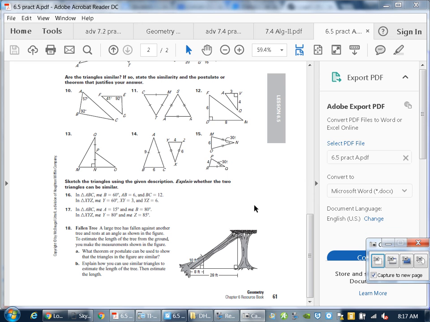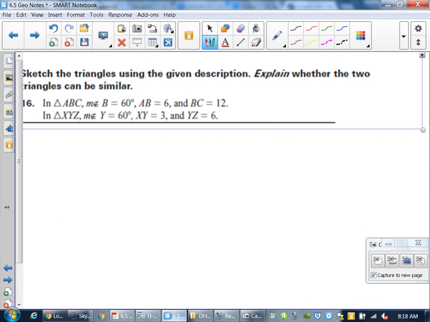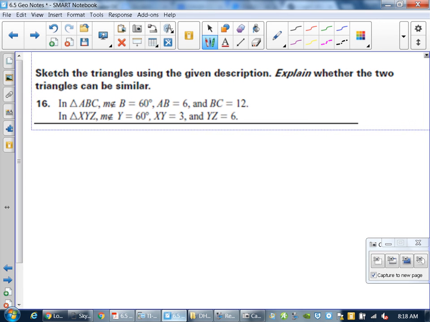So one of the questions that you'll see from time to time is something that looks like this, where they say, sketch the 2 triangles, fill in the blanks, and determine whether or not the 2 are similar. Okay? They're going to give you information.